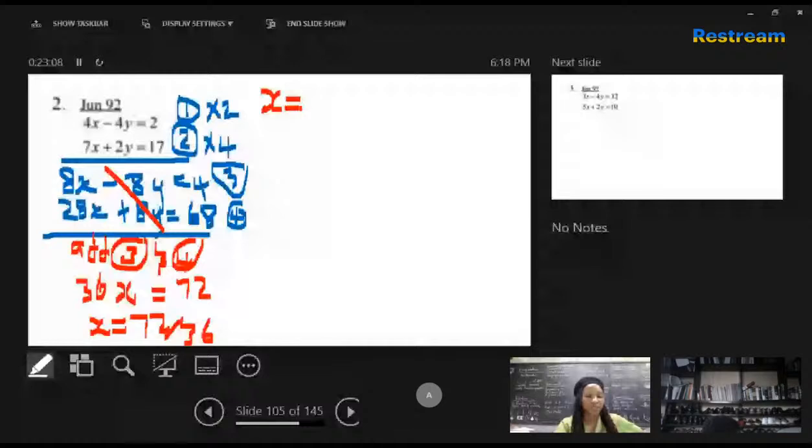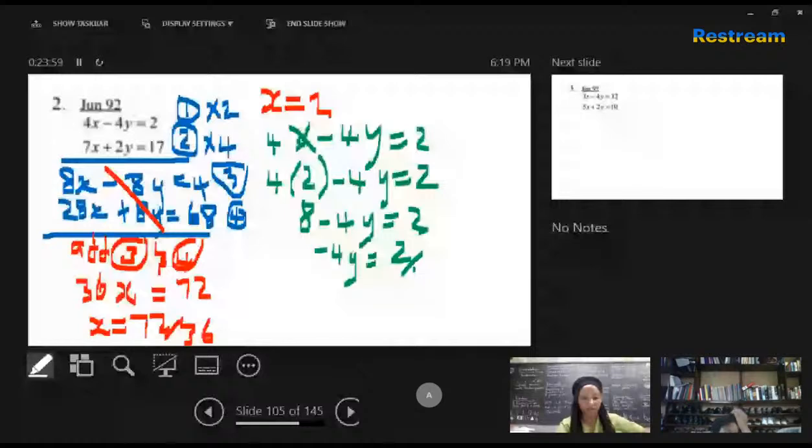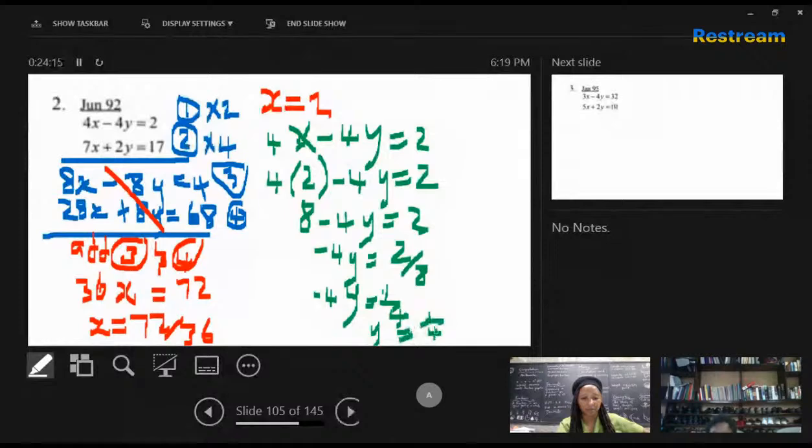So I'm using equation 1 for x. Plugging in 2: 4 times 2 is 8, so 8 minus 4y is equal to 2. Then 8 minus... which is a quarter. So negative 4y is equal to a quarter. So y is equal to a quarter divided by negative 4.